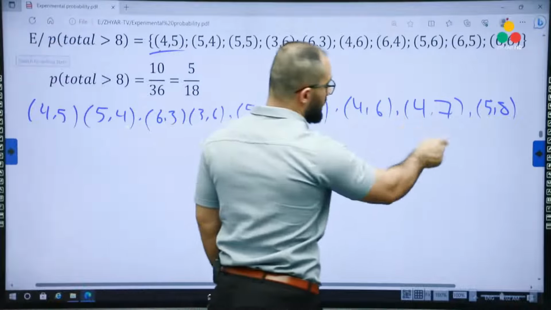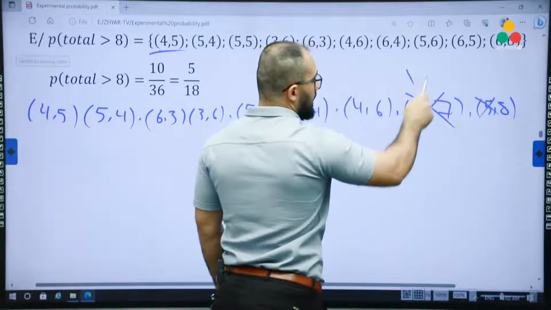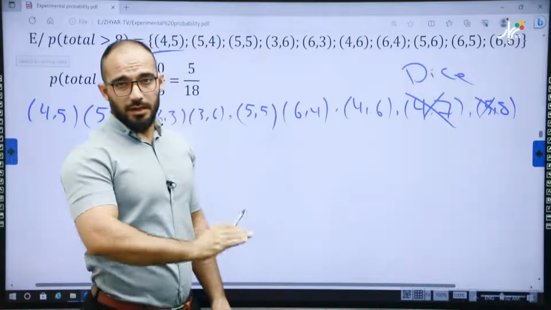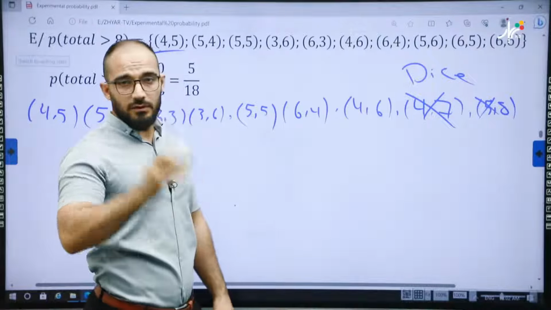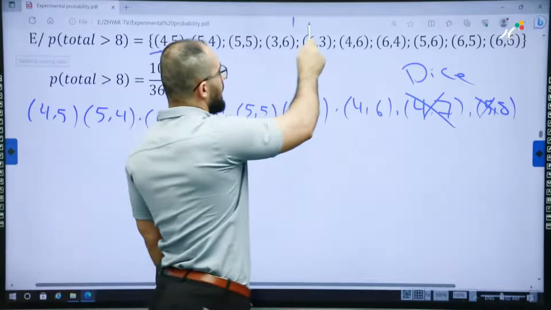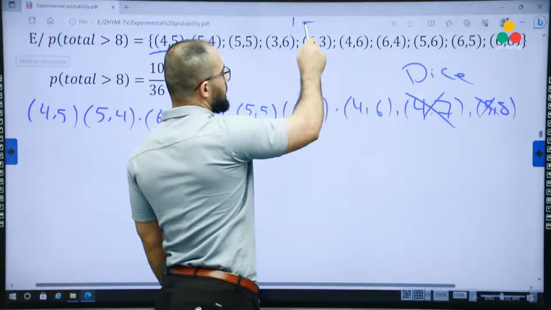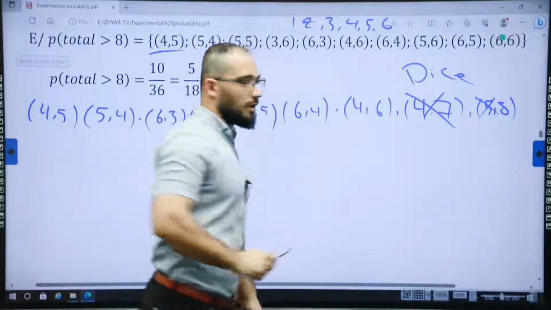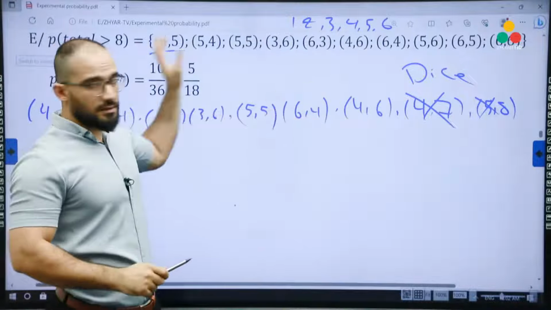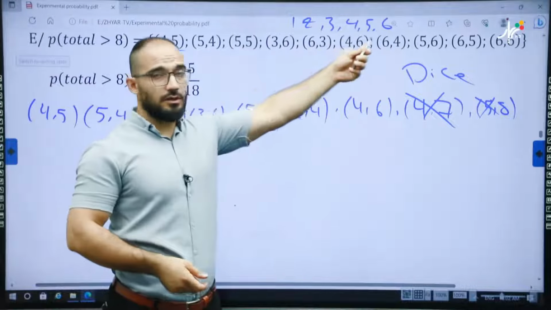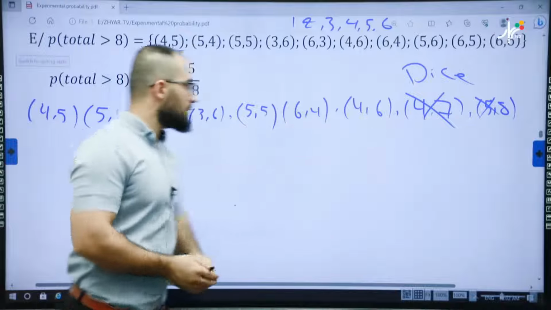We are talking about a dice. You should know that a dice has 6 results, 1 until 6. You cannot use 7, you cannot use 8, 9, or any other number. Only 1 until 6: 1, 2, 3, 4, 5, and 6. You can use only these numbers, not the rest like 8, 7, because we don't have 7 here. Please do not make that mistake.